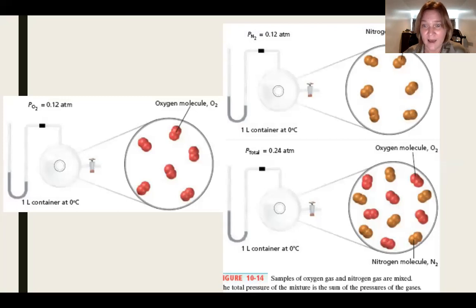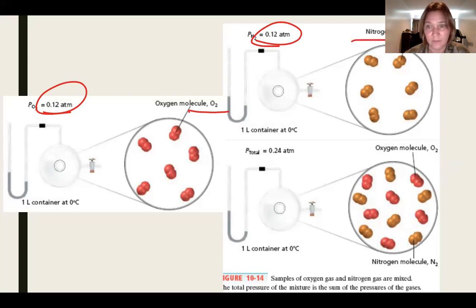So here we have a flask that contains 0.12 atmospheres of oxygen. We have a second flask that contains 0.12 atmospheres of nitrogen.